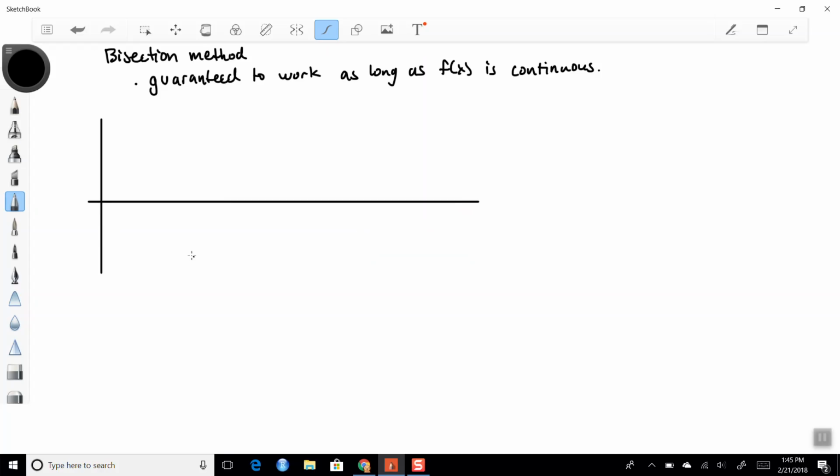So basically the idea is you've got some function and you start off with some endpoints, okay? You've got 2 endpoints. And I will call this xL1 and xR1, okay?